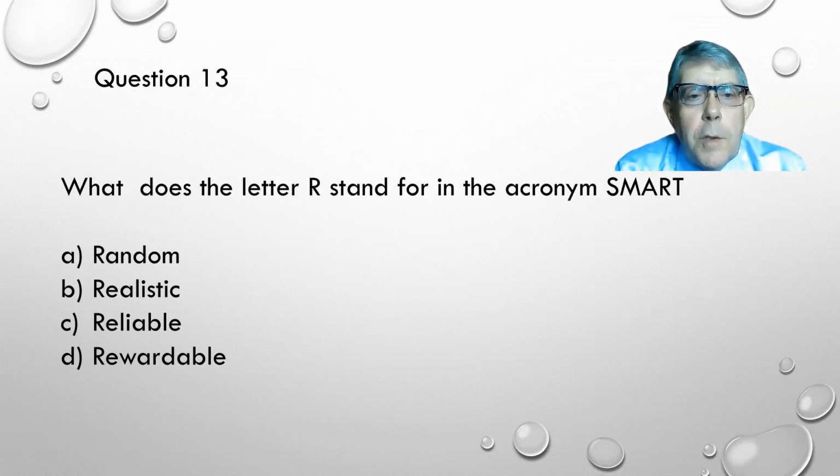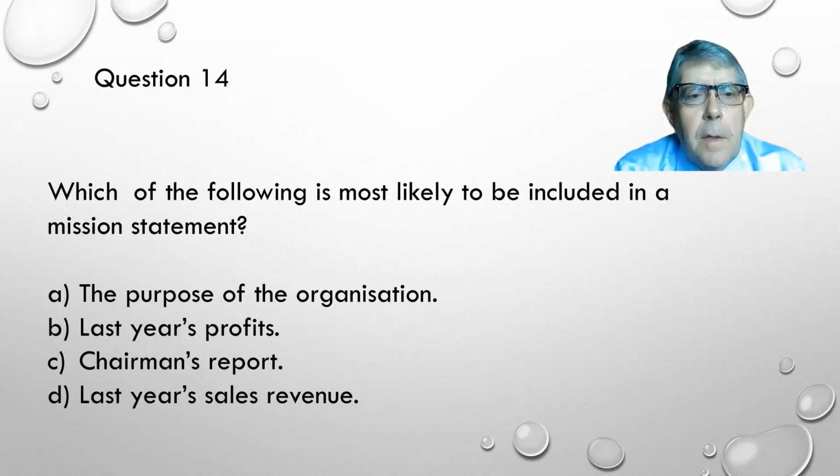Question 13. What does the letter R stand for in the acronym SMART? Is it A, random, B, realistic, C, reliable, or D, rewardable? Question 14. Which of the following is most likely to be included in a mission statement?